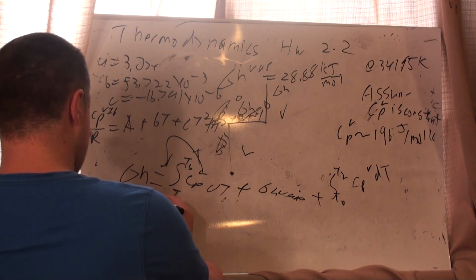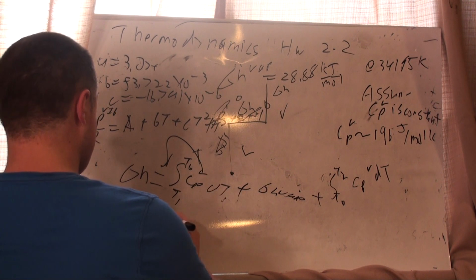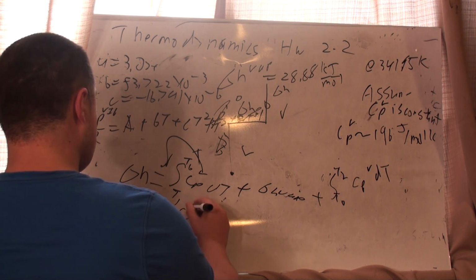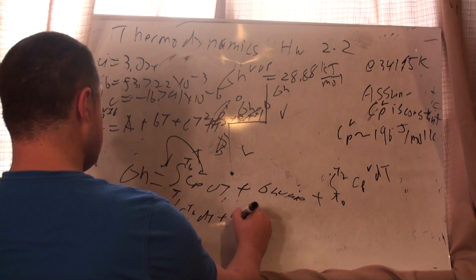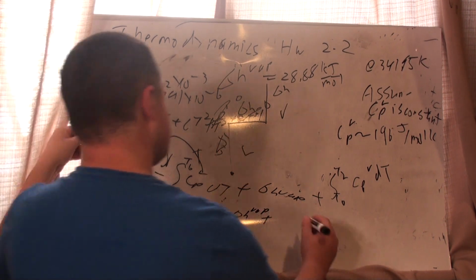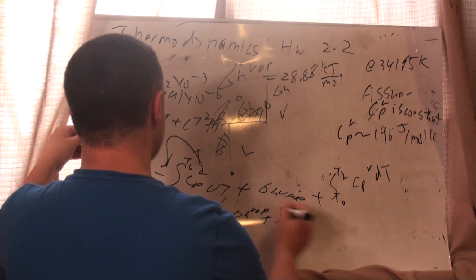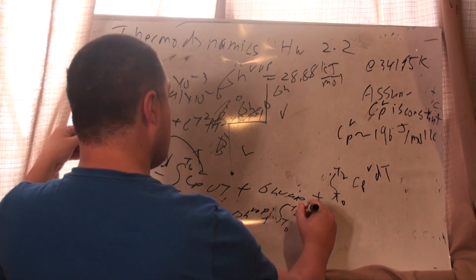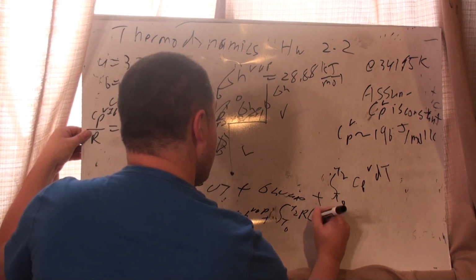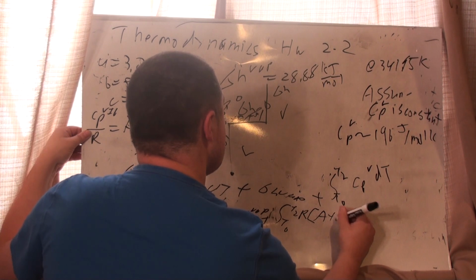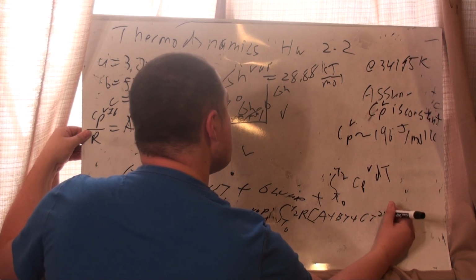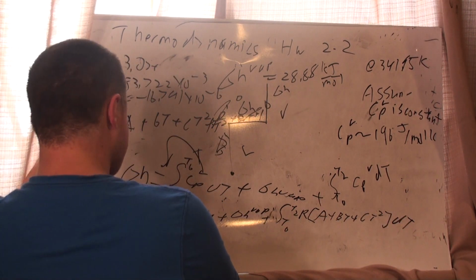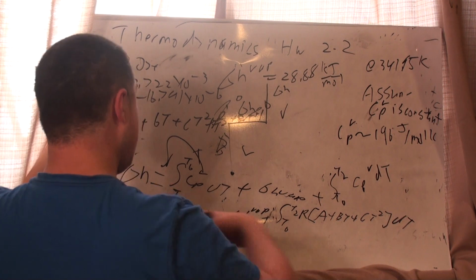So delta H equals, we pulled that out of the integral, Cp of the liquid, integral T1 to Tb dt, plus delta H vap, plus from Tb to T2, R times A plus BT plus CT squared dt. Then we'll integrate it all in one step.